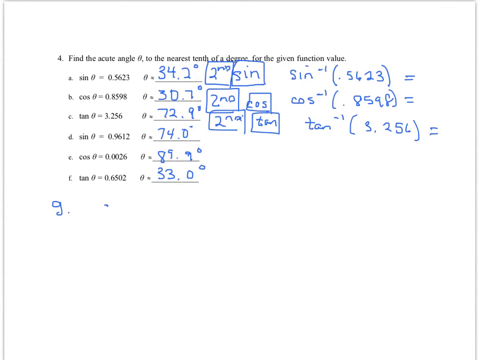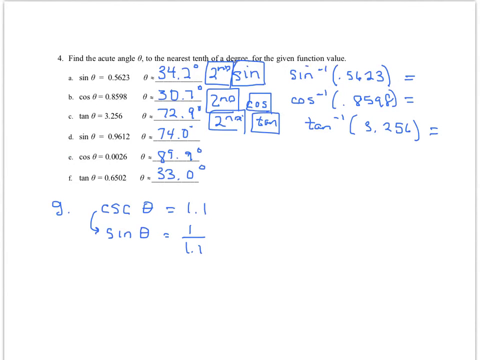What happens if I have cosecant of theta equals 1.1? Well, I want to get the approximate value of theta. Cosecant and sine are reciprocals, right? So that would mean that the sine of theta would be 1 divided by 1.1.